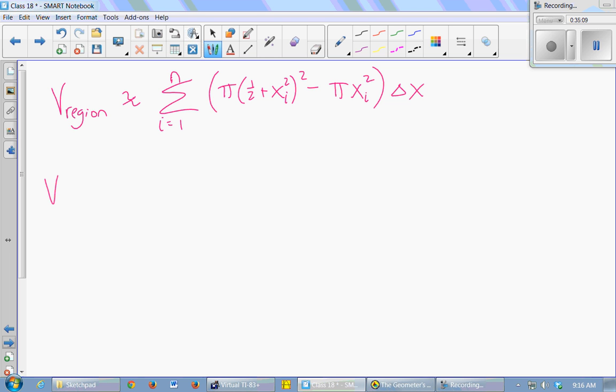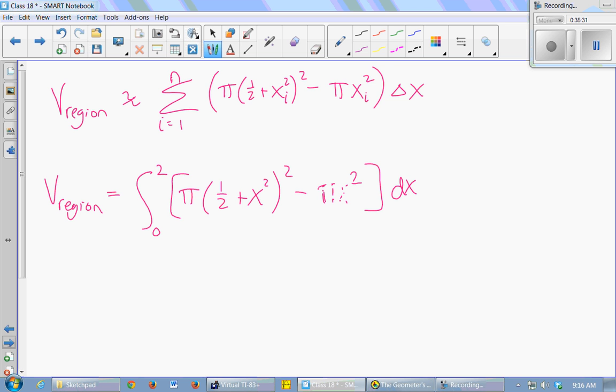So the exact volume of my region is what I get when I let n go to infinity, and that becomes an integral from 0 to 2 of pi (1/2 plus x squared) squared minus pi x squared dx.